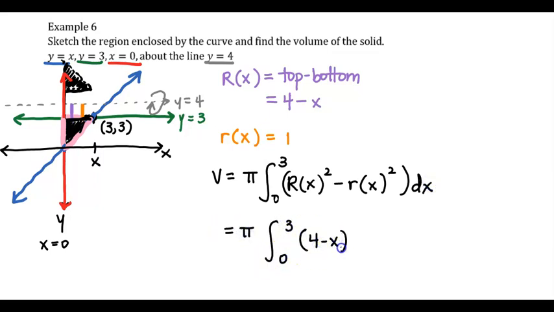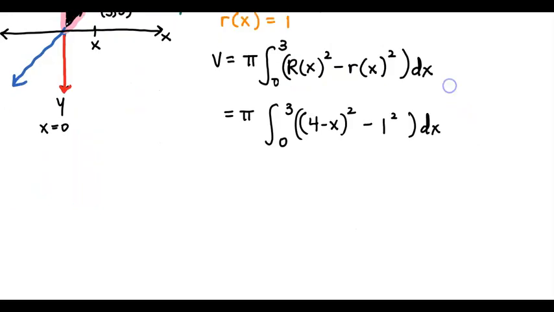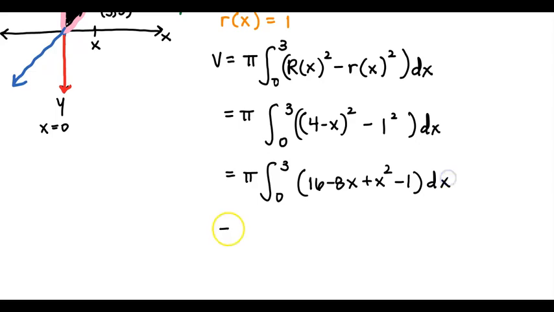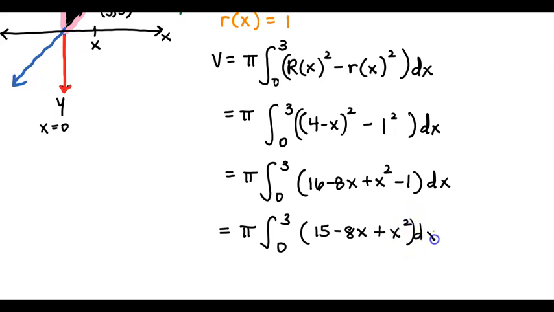So we will be squaring 4 minus x and subtracting what 1 squared is. I will go ahead and do some algebra on the inside of this integral, just expanding this integrand. And then we will combine like terms on the inside of the integral. So 16 minus 1 gives us a constant of 15, minus 8x plus x squared, dx.